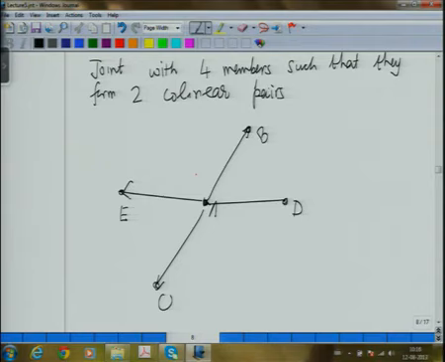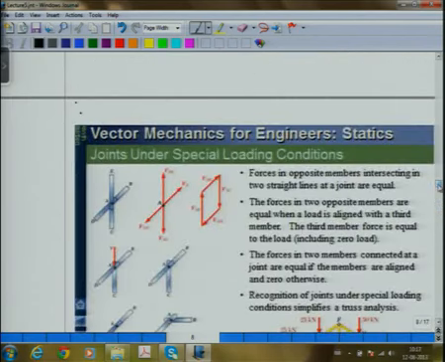These are the 4, this is the configuration which I have, which was shown in the figure in a more realistic setup like this: we have a pin here, AE and AC are 2 collinear members, and AD and AB are 2 other collinear members, and there is no other external force acting on the pin.